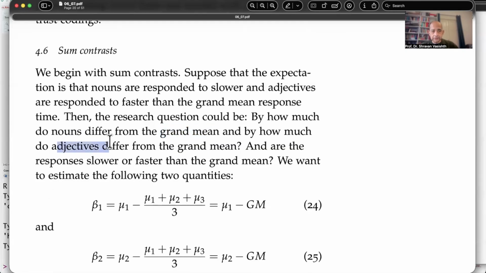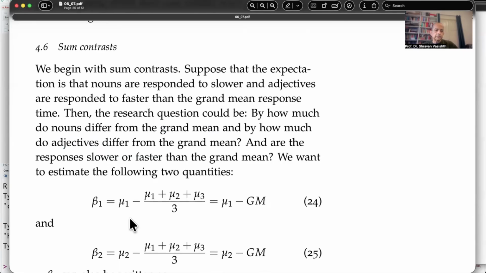And do the adjectives also differ from the grand mean? So mu1 refers to the nouns mean, and mu2 refers to the adjectives mean.